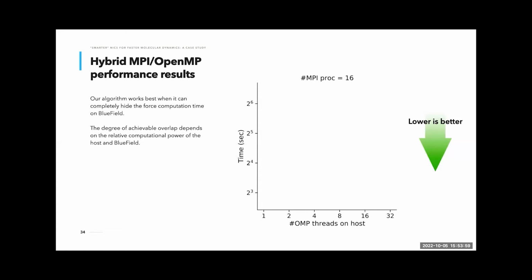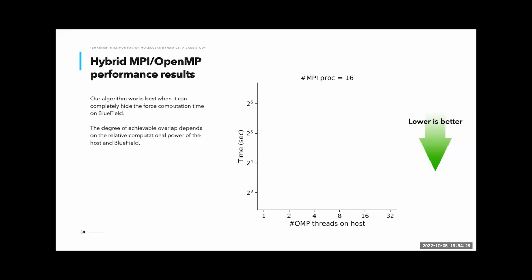This overlap depends on the relative computational power of the host and Bluefield. To study this scenario, we perform multi-node runs with one MPI process per host and one per Bluefield, with varying number of cores per host and per Bluefield. This is done using OpenMP with varying number of threads.